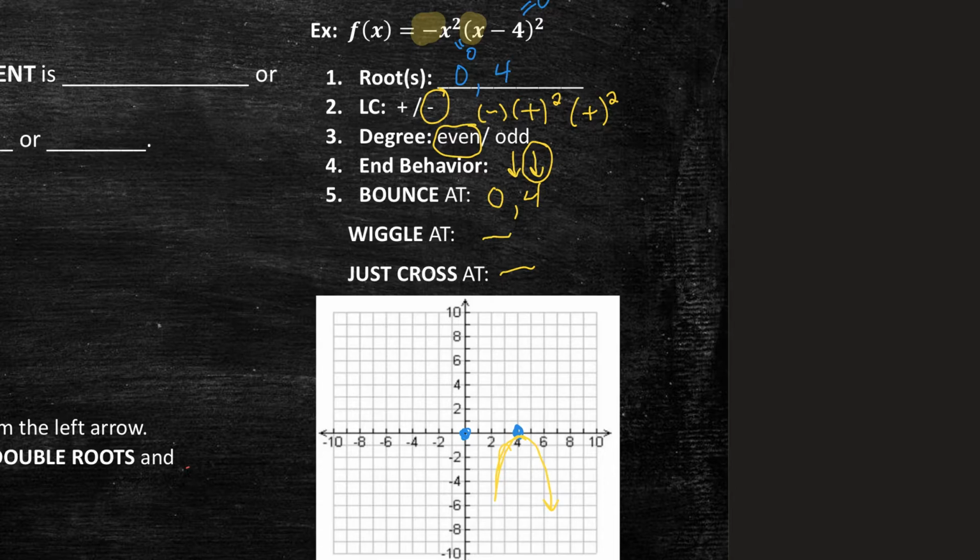Then it's going to come up to 0, but it's also going to bounce at 0, and then notice that the left side is going to go down. So when I bring it back up to 0, it's going to bounce and then turn around and come down. So it looks like an M.